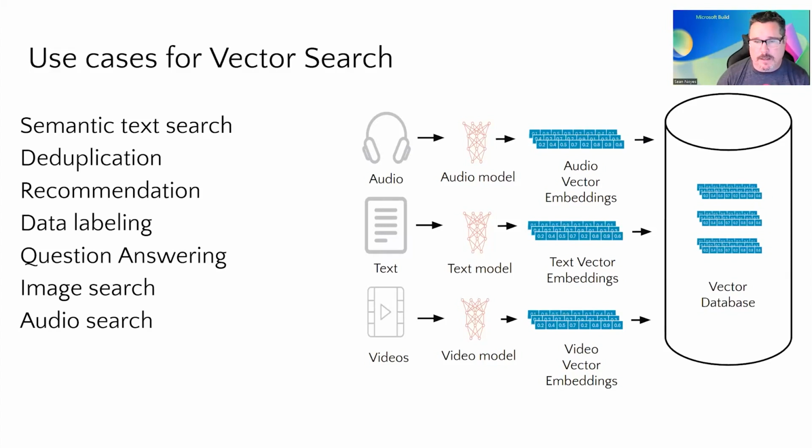In this case, we're talking about Redis, because Redis gives you that sub-millisecond latency, very highly efficient queries, and even when you're doing filtering and searching across the text, you get really high performance. So the use cases for this are things like semantic text search, deduplication, recommendation engines, data labeling, question answering, a lot of the things that we've been seeing in the news lately.